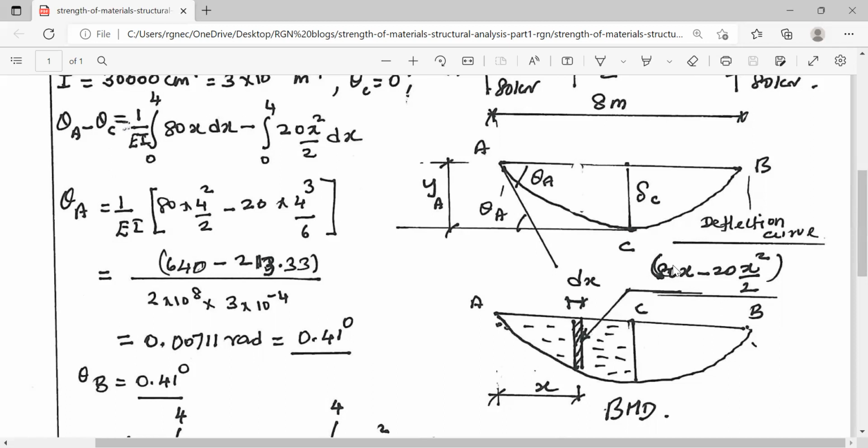However, as a matter of general procedure, I have written down the values of the bending moment ordinate and I have considered the elemental area.